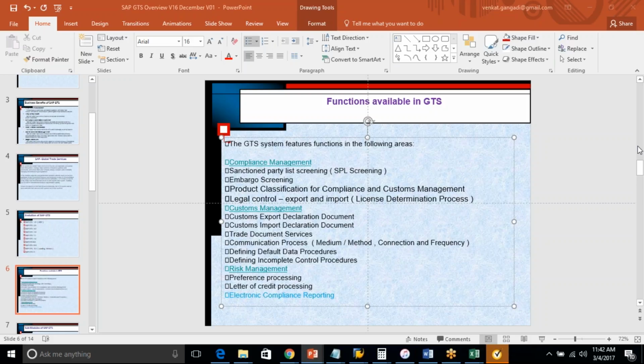Initially, till 2013, the GTS module was prevalently used only in the US. But from 2013 the requirements started spreading to India, in 14 and 15 to Europe, and especially in 15 and 16 I can see the Middle East and Asia also, because clients started realizing the GTS module and implementing it.